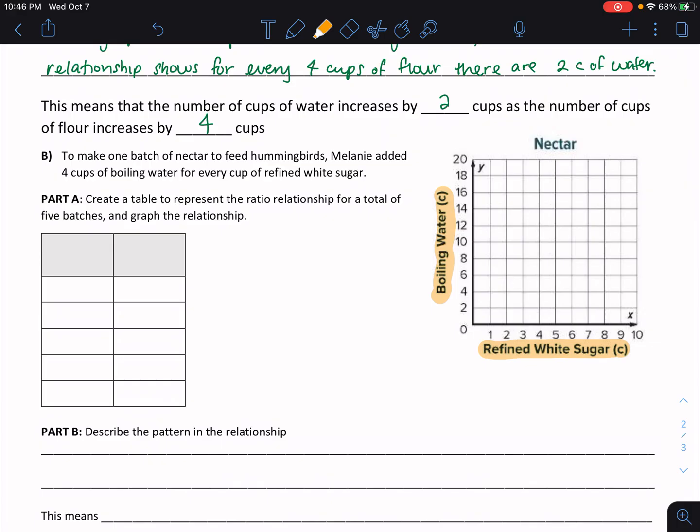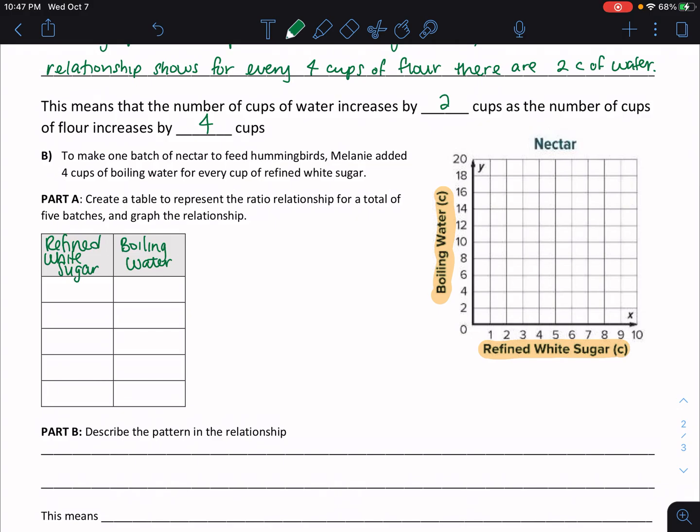So your X column always goes on the left. So this is going to be your refined white sugar. And this is going to be your boiling water. Here it says Melanie added 4 cups of boiling water for every cup of refined white sugar.